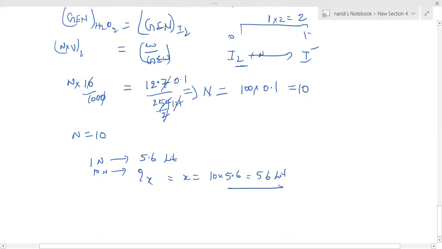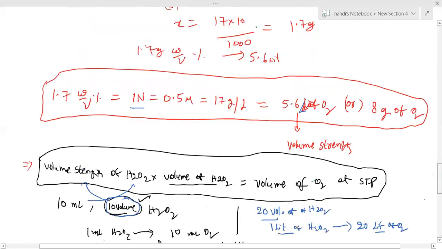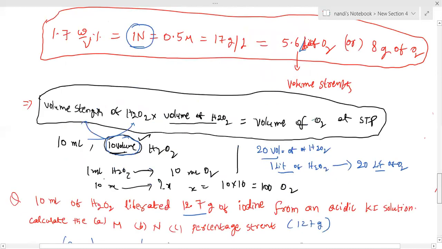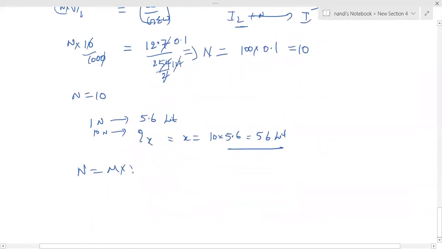If they are asking volume, and you know the normality is 10, then what about molarity? Normality equals molarity into n factor. You can apply this formula, no issue. The n factor of H2O2 is 2.